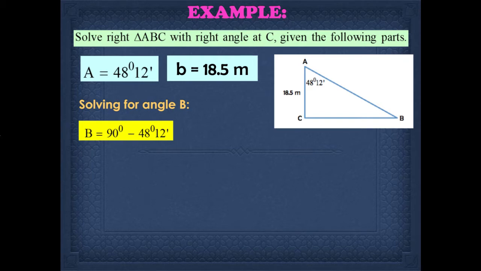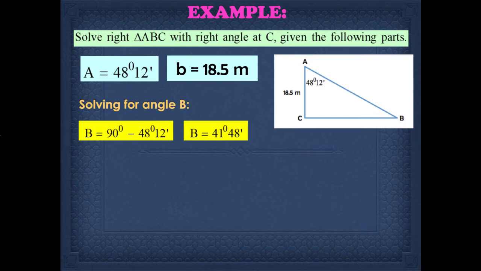Now, how do we solve for side a? Since we are given a right triangle, we can utilize SOHCAHTOA here. To solve for side a, we can use tangent. Angle B here is equal to 41 degrees, 48 minutes.